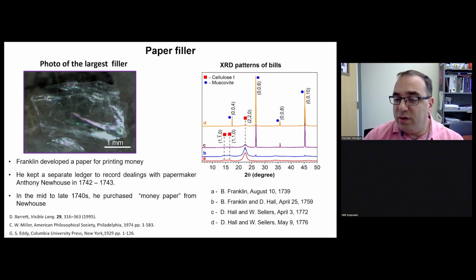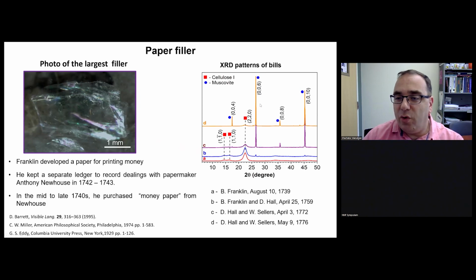Those are cellulose, and it's supposed to be like this because paper is mostly cellulose made from, at that time, rags. But then if you look over the time, in addition to those peaks, you see much bigger, much more intense, narrow peaks. And those are coming from these shiny crystals, which appear either on the bills or inside the paper.